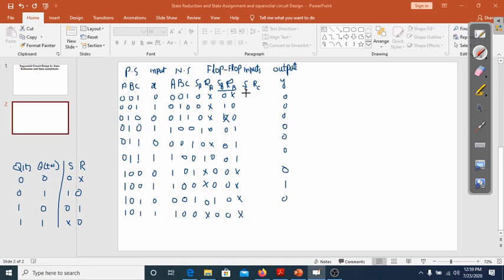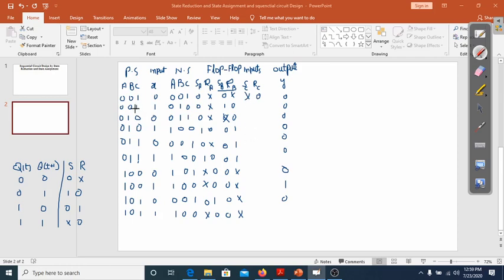Now move to the third flip-flop. So in this case present state is 1, next state is 1. So when present state is 1, next state is 1, reset is 0 and set is don't care.